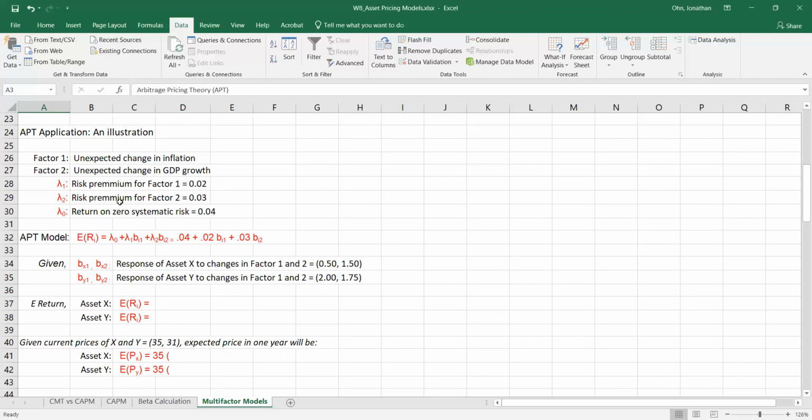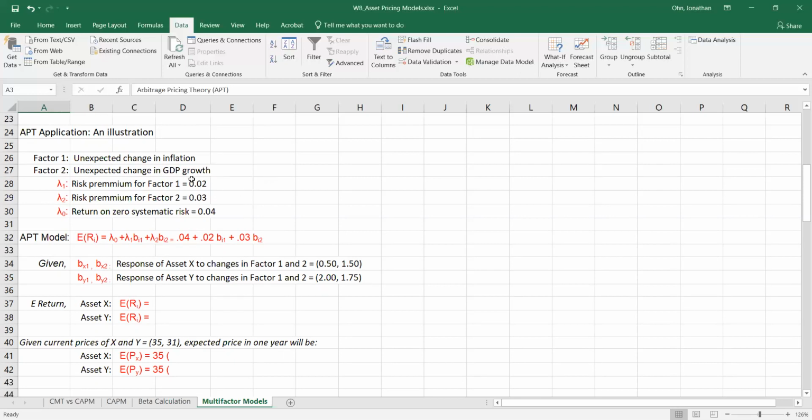Second, the risk premium for factor two, the GDP factor, is 3% for a 1% unexpected change in GDP growth.